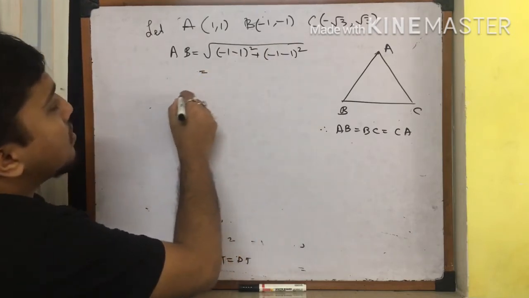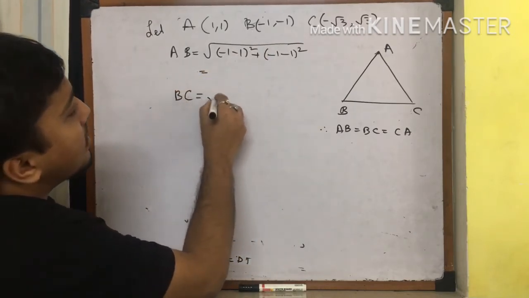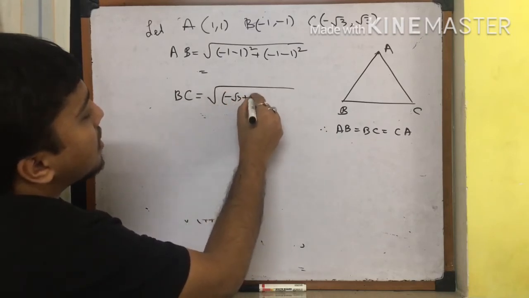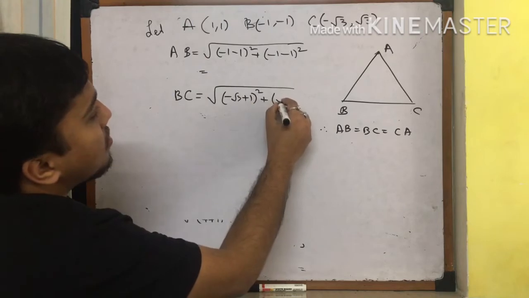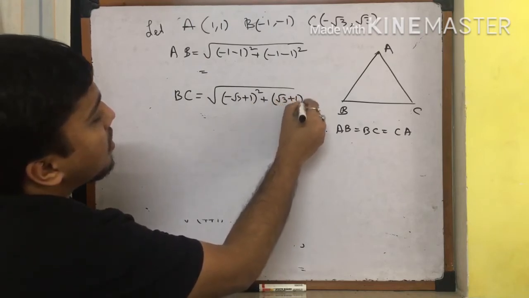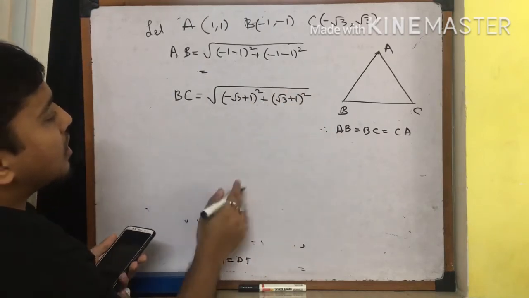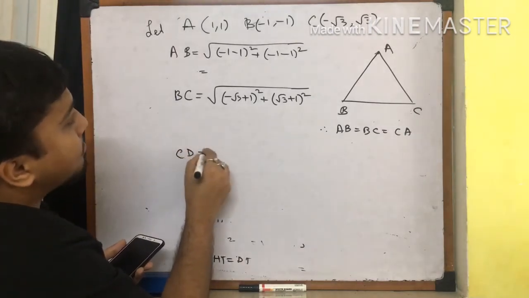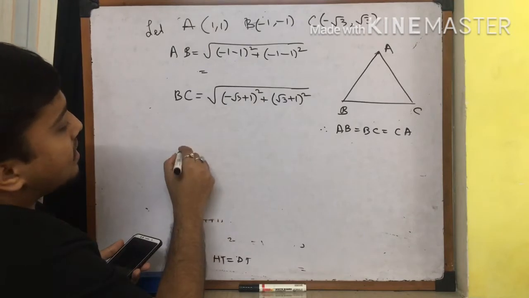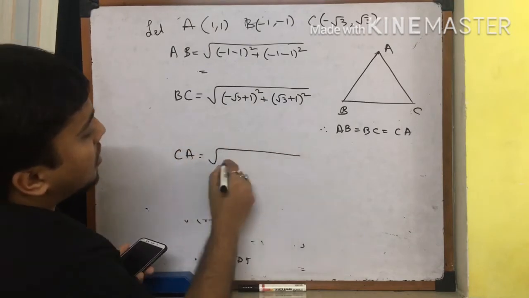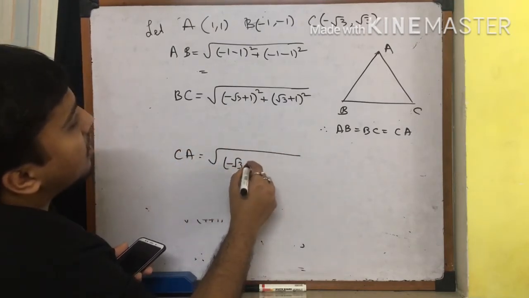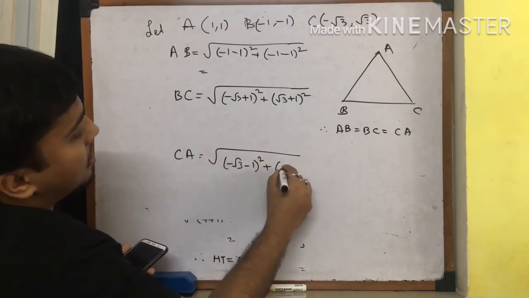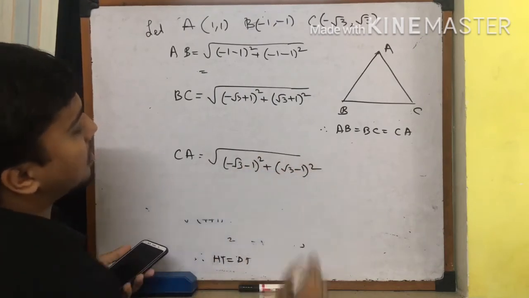Similarly BC, (minus root 3 minus of minus 1) square, (root 3 minus of minus 1) square, and similarly CA, (minus root 3 minus 1) square plus (root 3 minus 1) square.